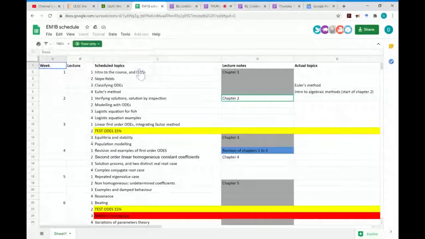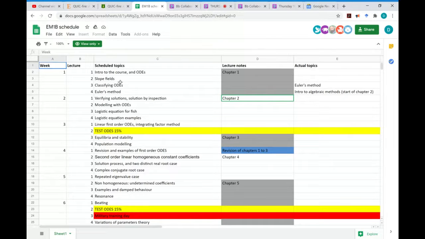You'll note that we're actually very slightly ahead of where I thought we would be, because we didn't really talk too much about classifying ODEs yet. I decided to do things slightly differently. So hopefully that lets people check on the schedule of the course, and you can see what to study if you're interested in studying ahead.